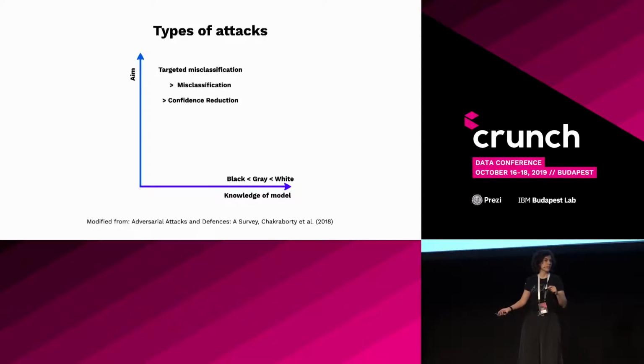Another way of seeing them is what we're aiming to get. What kind of effect do we want with our attack? Now, I just showed you the video of the team that produced a poster to hide a person from surveillance systems, right? So one way you can achieve that is by lowering the confidence of a prediction. Most computer vision systems have a confidence threshold, right?